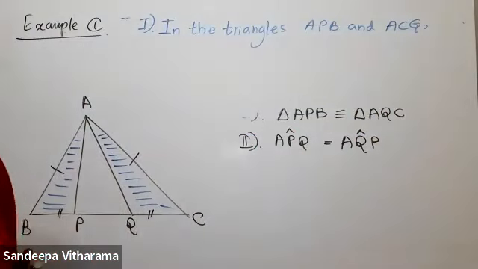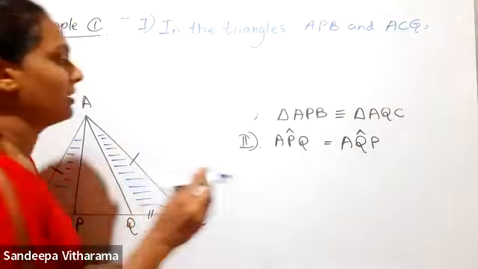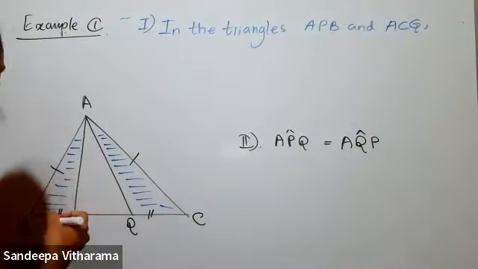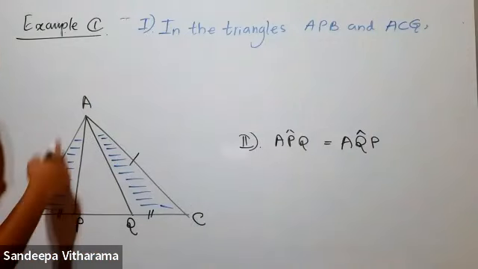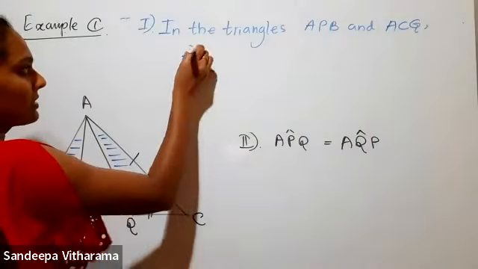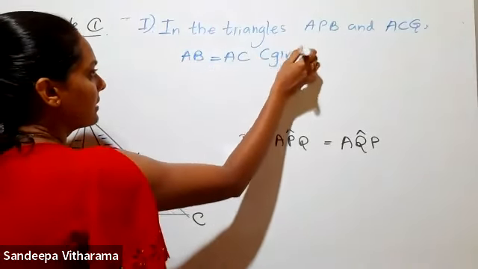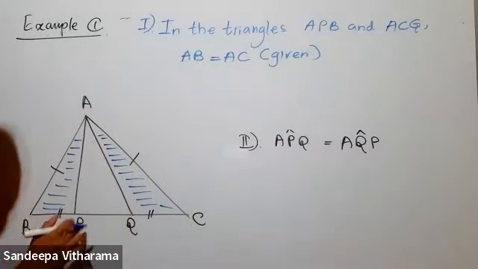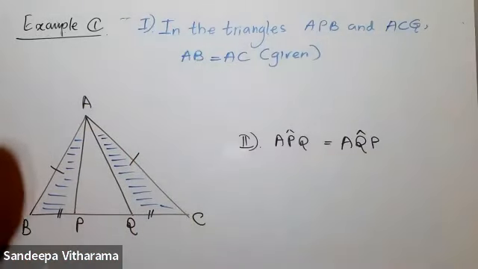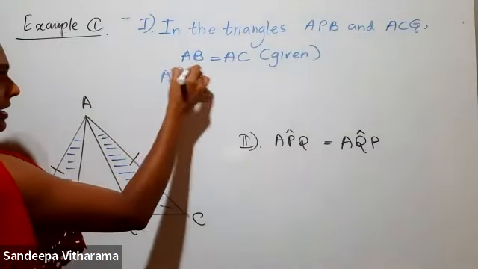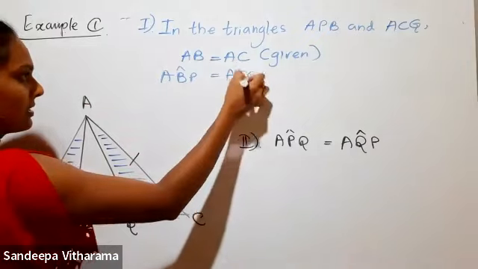Okay. Consider these two triangles. Then after, write the elements. We can identify that they have given AB and AC are equal. It is given. AB equals AC. And angle ABP and angle ACQ, they are equal.